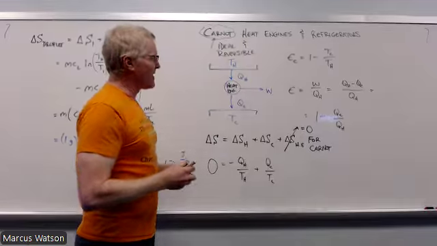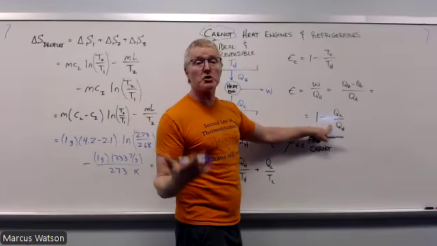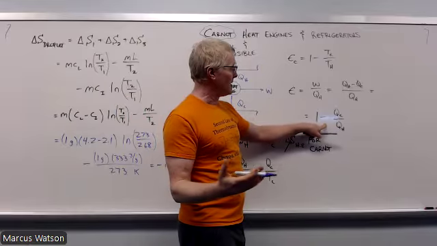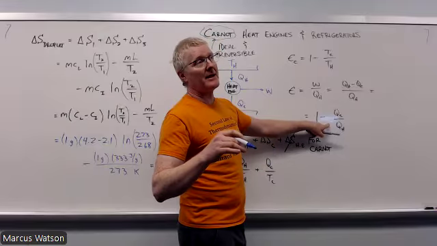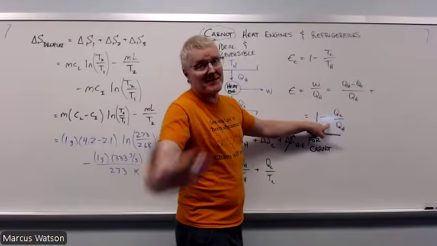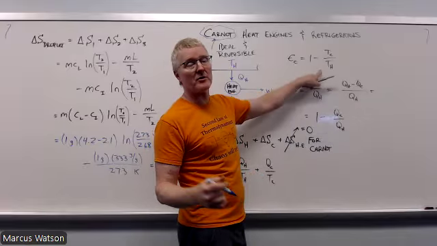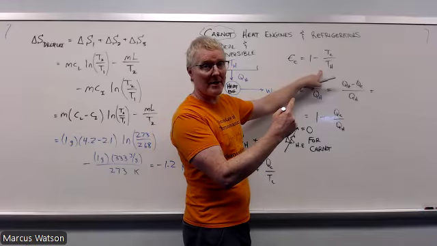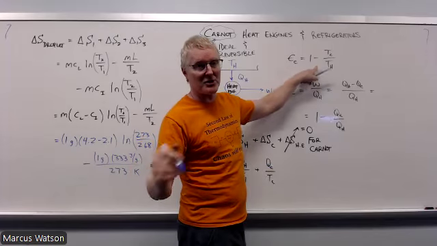Okay, and therefore, when I think about just this efficiency here, it is true for any heat engine. It's even still true for the Carnot heat engine. For the Carnot heat engine, we can go one step further, and this is only true for Carnot heat engines. This is not true for any regular heat engine.